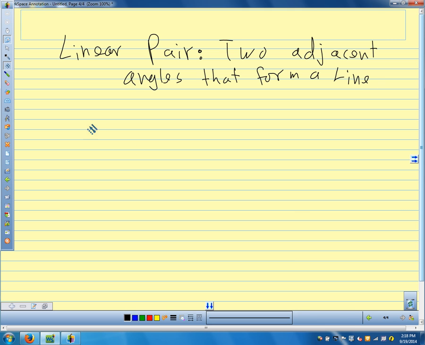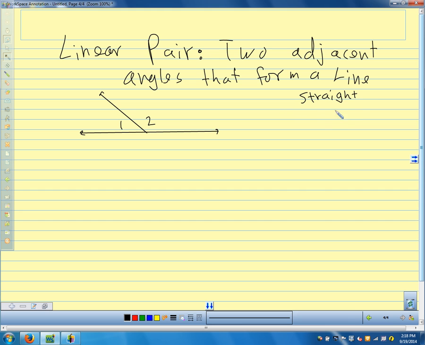And we already drew a picture of a linear pair. There are my two adjacent angles that form a line. And the book will also call this a straight angle. A straight angle and a line, same thing.